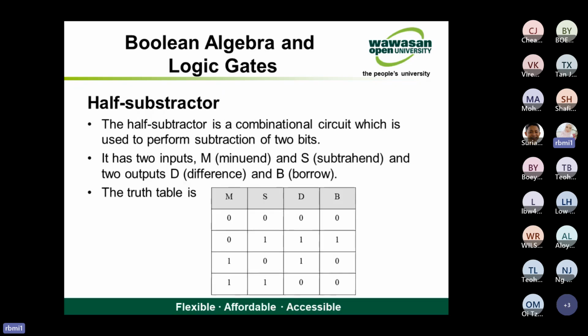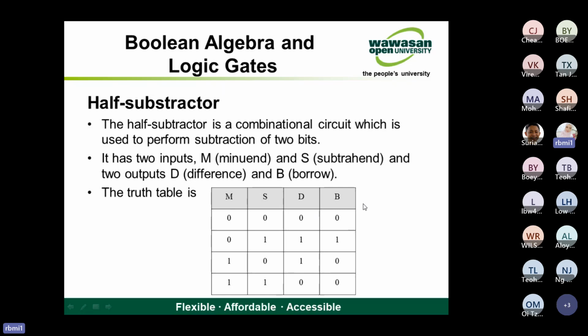It is a combinational circuit which is used to perform subtraction of two bits. We have two inputs, the minuend and the subtrahend, and we have two outputs, difference and borrow. We need M and S as the input.